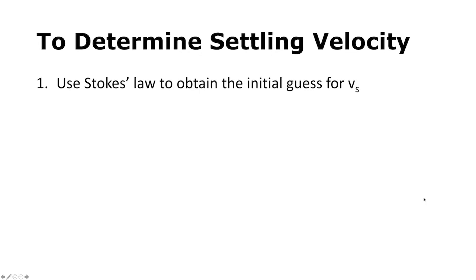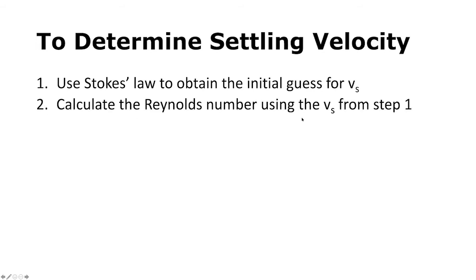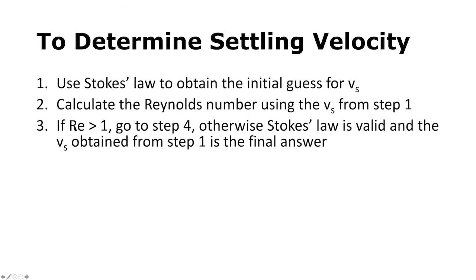So in order to determine the settling velocity, this is the procedure that we would use. Step 1 is to use Stokes' law to obtain an initial guess for the settling velocity. Step 2, we're going to use that settling velocity that we initially guessed in step 1 to calculate the Reynolds number. Then step 3, we're going to look and see, is that Reynolds number greater than 1?